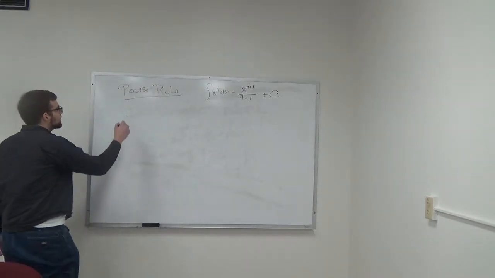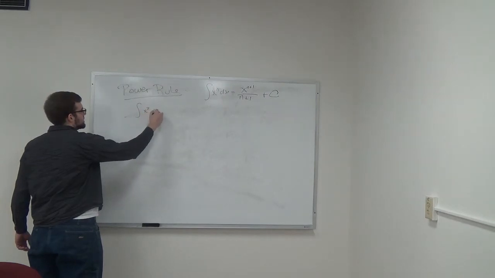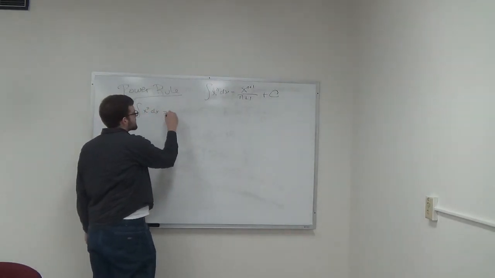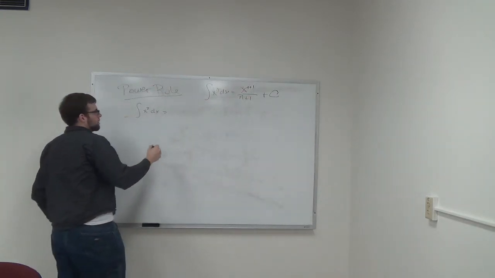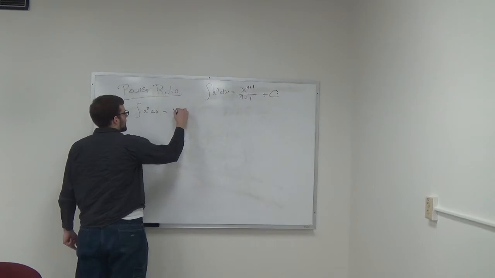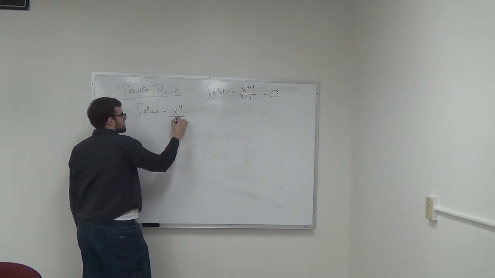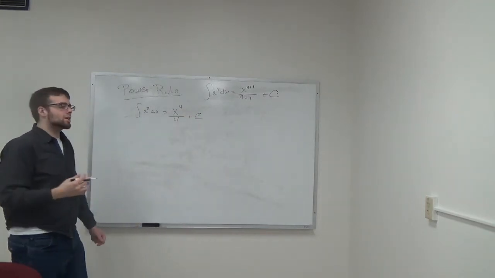Okay, so very quickly, the integral of x cubed dx. So let's just write this out. x to the n plus 1, where n is equal to 3. 3 plus 1 is 4, so we have x to the 4 over n plus 1, 3 plus 1 is 4, plus c. So let's quickly check this.